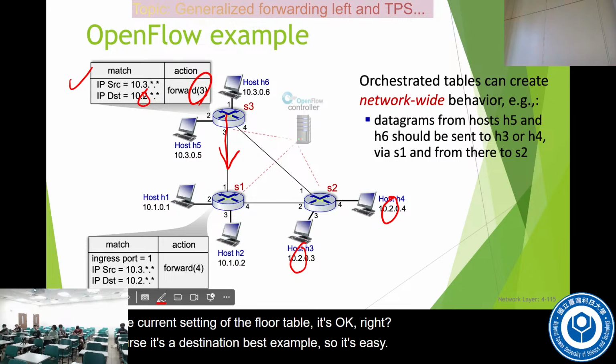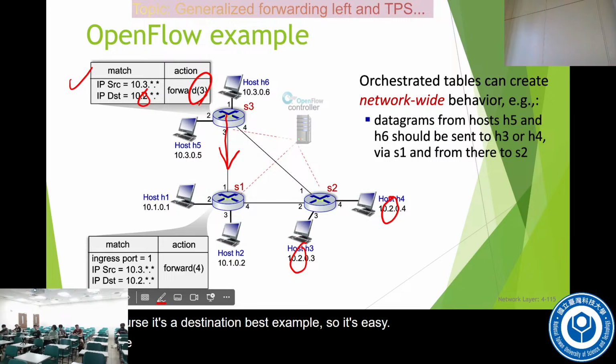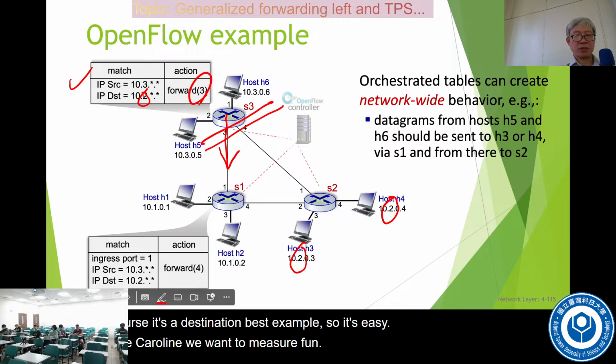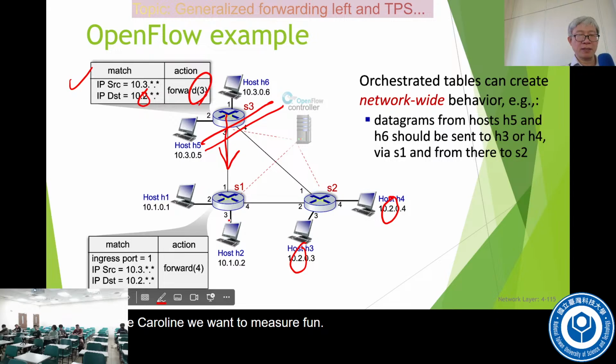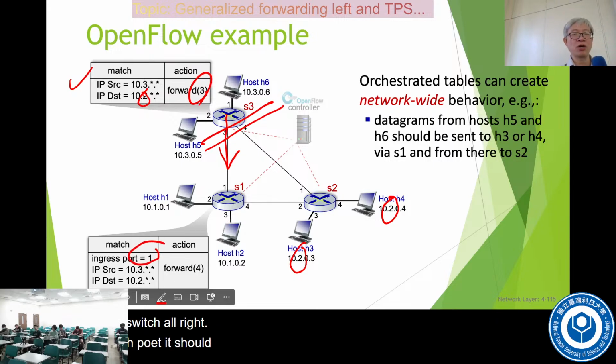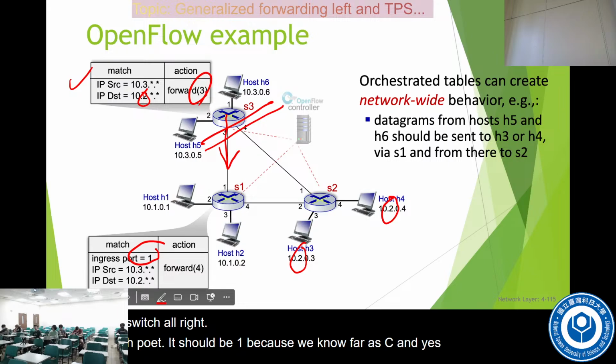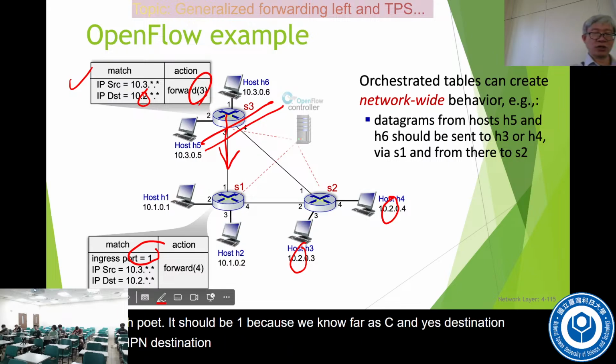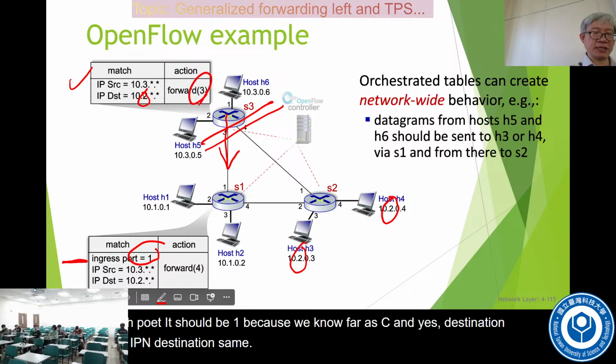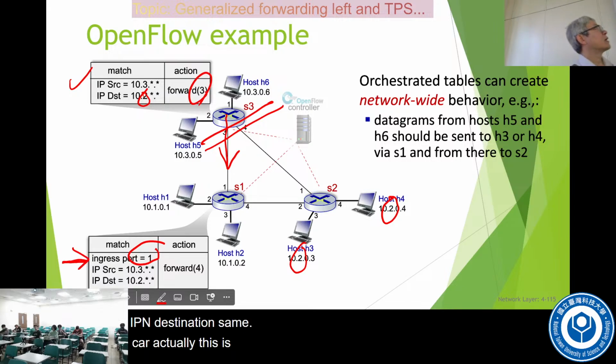But for the current one, we want to make sure from this switch the ingress port should be 1 because we know it comes from S3. And yes, destination IP is the same. So this is actually the difference compared with the previous flow table.